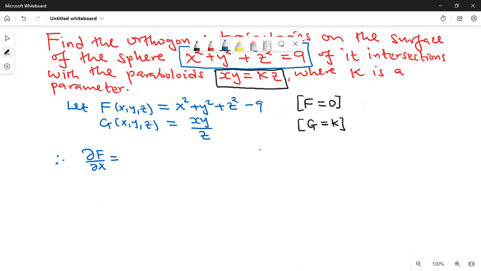When you differentiate with respect to x, you assume that y and z are constant. And so that will give you 2x. Partial f with respect to y, that will give us 2y. Partial f with respect to z, that will give us 2z. So those are the first partial derivatives of f.